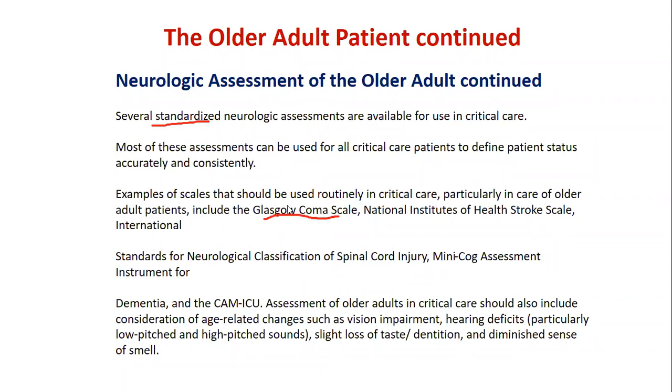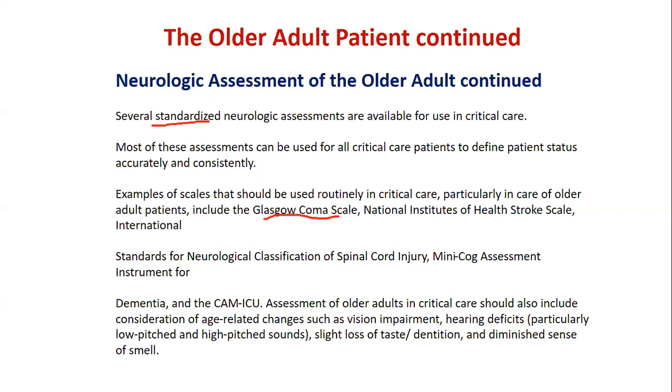If you ask me about the Glasgow Coma Scale, I have a different lecture on it because scoring the Glasgow Coma Scale is very important. But here I want to tell you, the Glasgow Coma Scale is a clinical scale we use to measure the person's level of consciousness, especially after a brain injury. But we also use this scale for neurological assessment of the older adult person.